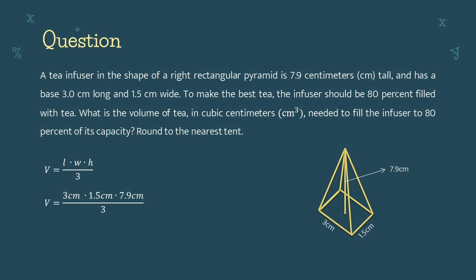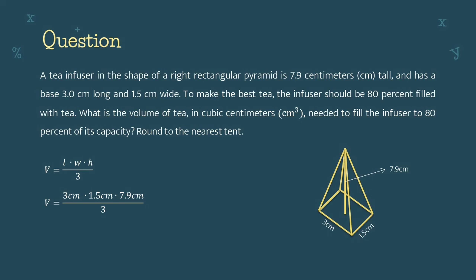So in this case, and just another way of thinking about it, this right over here, the length times the width, that's the area of this base, and then you multiply it times the height, and then you divide by 3. So this is going to be length 3 centimeters times width of 1.5 centimeters times height of 7.9 centimeters divided by 3. Well, this 3 divided by 3 is just 1.